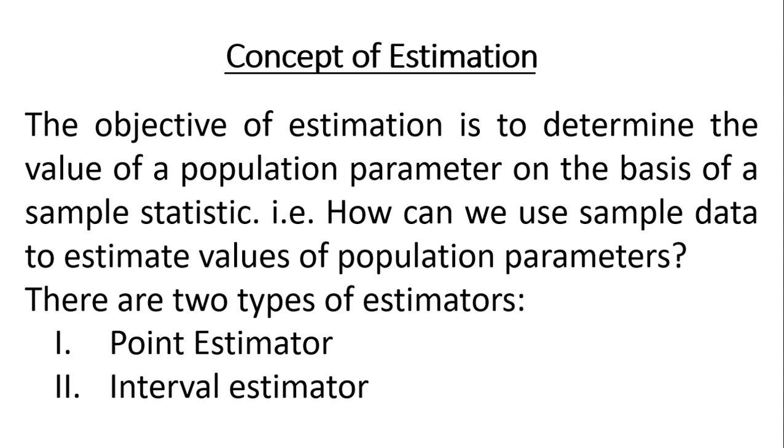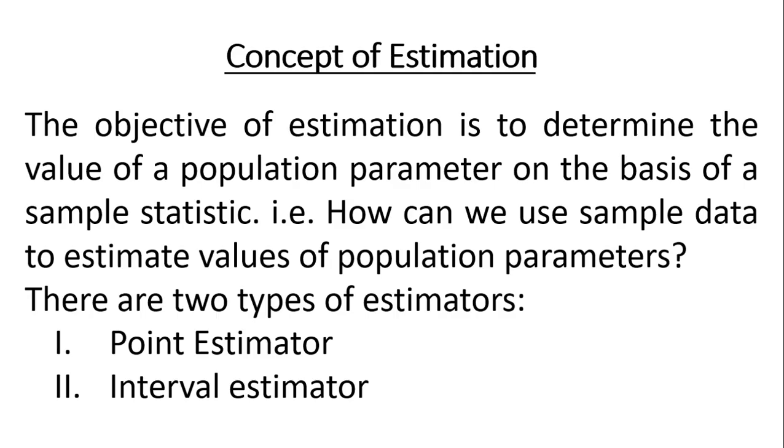The objective of estimation is to determine the value of a population parameter on the basis of what? Sample statistic. How can we use sample data to estimate values of population parameters? Good. These are the two methods we'll be looking at in this class.